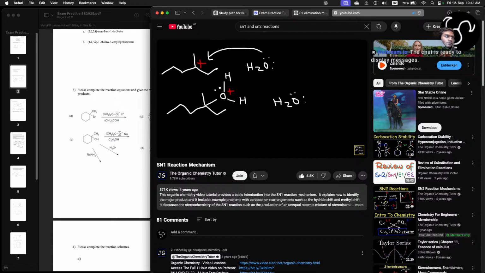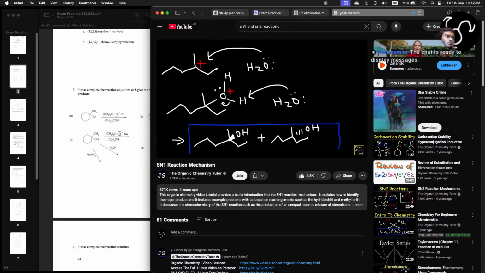So we need to use another water molecule to take off the hydrogen atom. And so we get a tertiary alcohol. But keep in mind, we get 2 stereoisomers. So the OH group can be on the wedge, and it's going to be on the dash. So these are the 2 SN1 products that we get for this reaction.